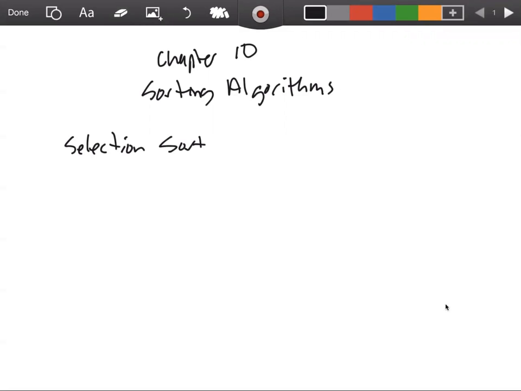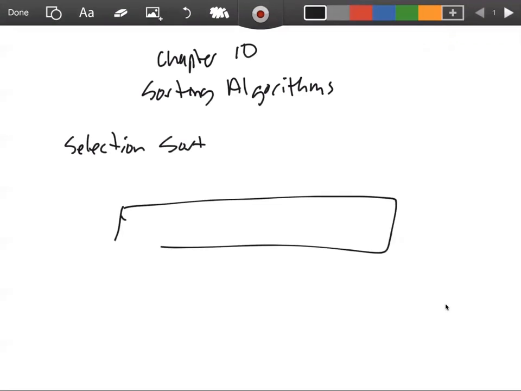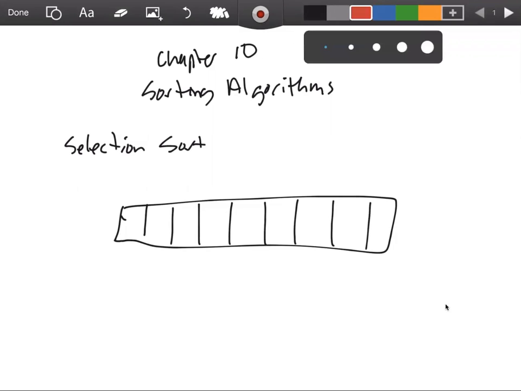So again, we've got our list. When it's first there, we don't know where the smallest item is at, so we have to go through each one, here to here to here to here. This is the king of the hill algorithm we've been talking about.